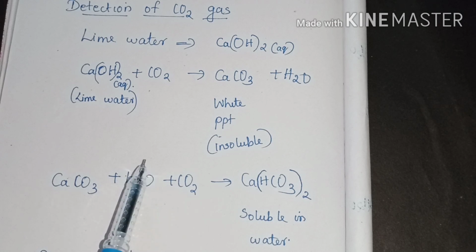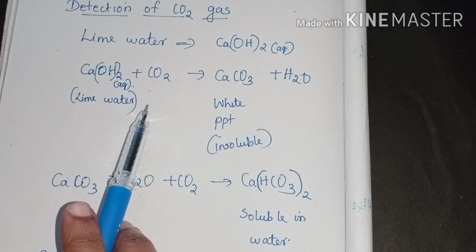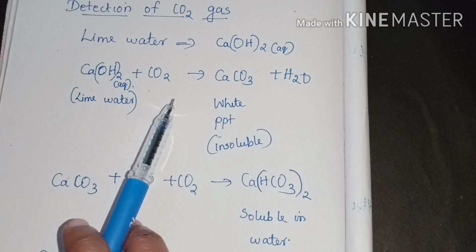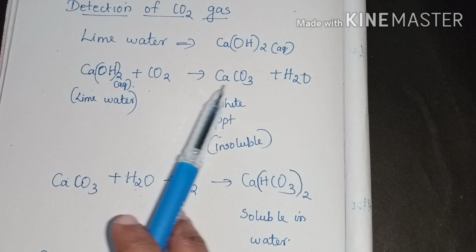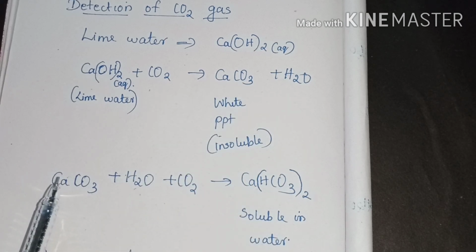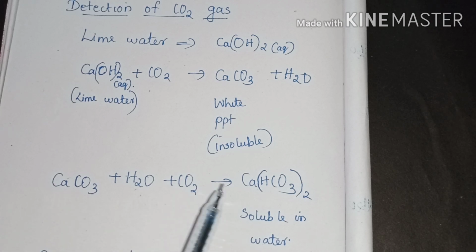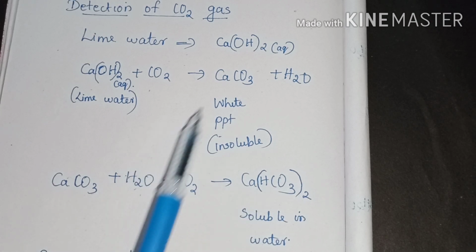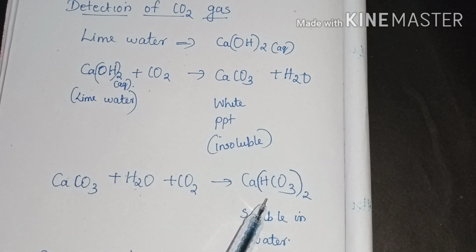But in this case, the drawback is that if we pass excess carbon dioxide through lime water, then what happens? First, the white precipitate of calcium carbonate and water will form. These products again react with the carbon dioxide, and the calcium carbonate formed in the first reaction is converted to calcium bicarbonate, and it is soluble in water.